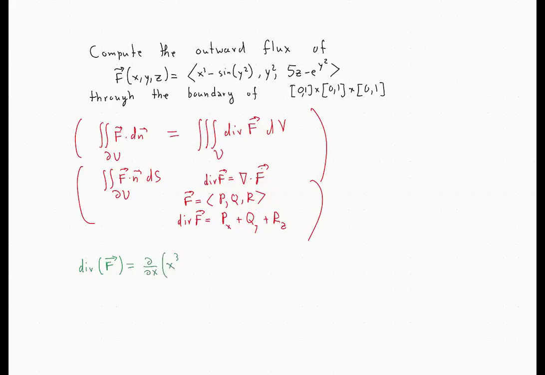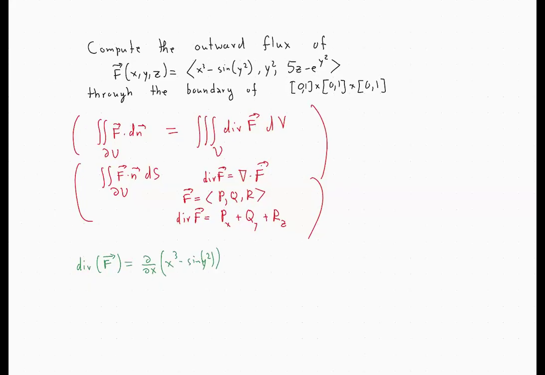When I write this symbol, I really mean partial derivative with respect to x of the quantity x cubed minus sine of y squared. It's not multiplication, it's application of a differentiation operator, if you will. So partial derivative with respect to y of 5z, plus partial derivative with respect to z of minus e to the y squared.